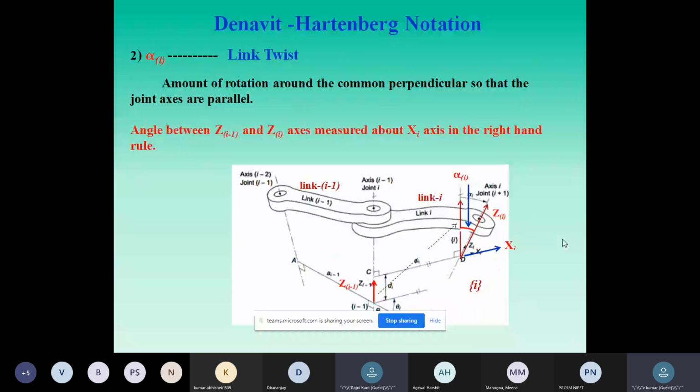Come to link twist. What is link twist? Link twist is the amount of rotation about the common perpendicular so that joint axes are parallel. In a simple way, it is the angle between zi minus 1 and zi measured about xi.